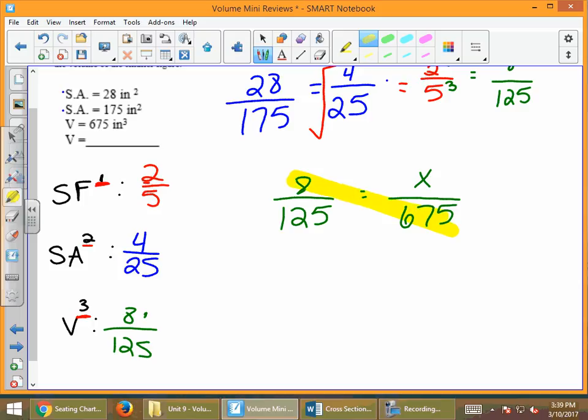Multiply 8 and 675, and multiply 125 and X. Well, 125 times X is just 125X. Then your calculator gives you 8 times 675, which is 5,400.